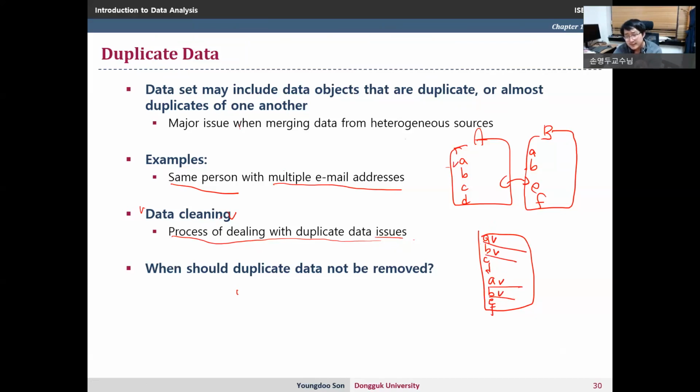I cannot easily think of an example for the meaning of this duplication of data.